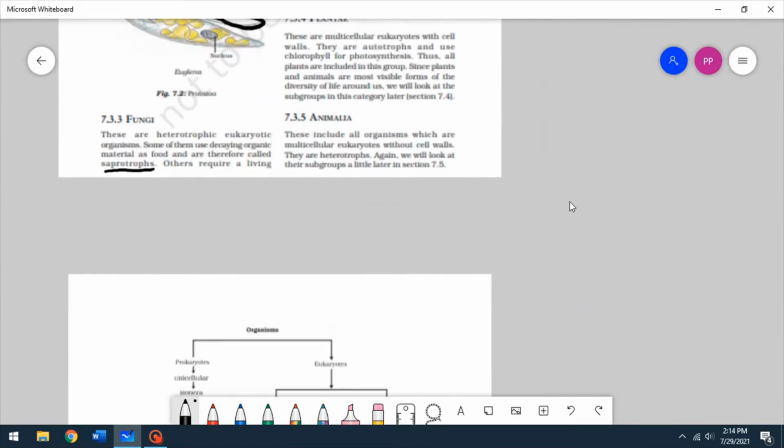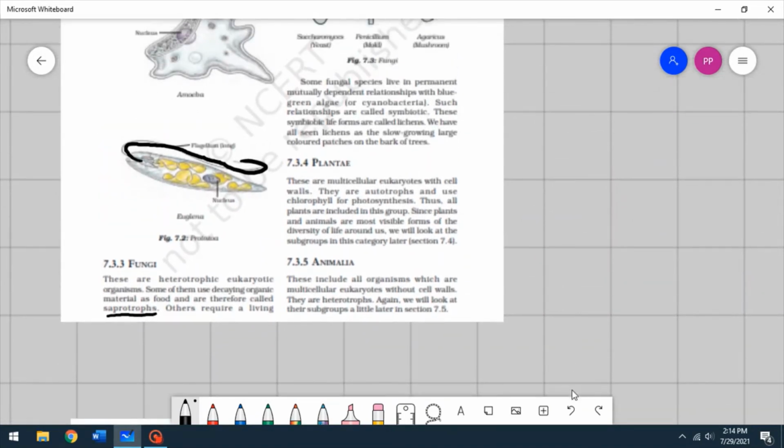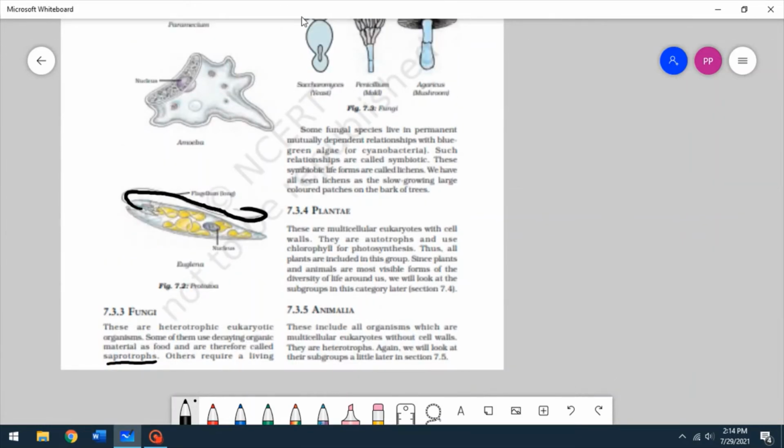Some fungal species live in permanent mutually dependent relationships with blue-green algae, and such relationships are called symbiotic. Symbiotic relationships, that is also an important definition. Symbiotic relationships are those relationships in which two organisms depend on each other such that they are both mutually benefited.